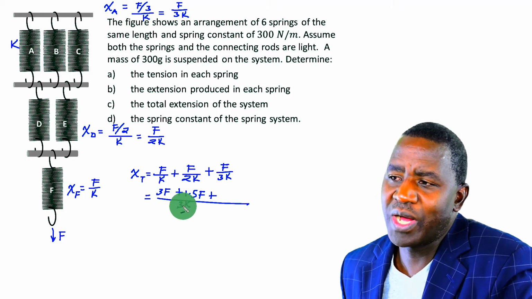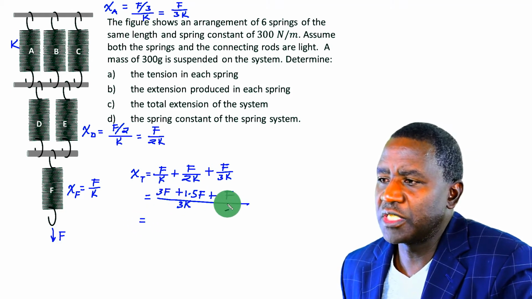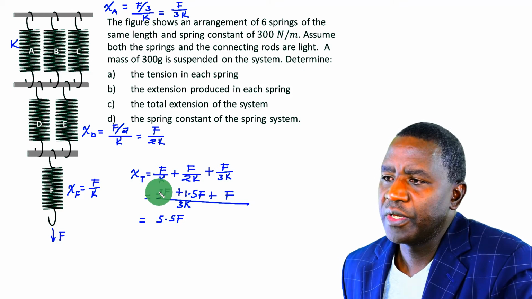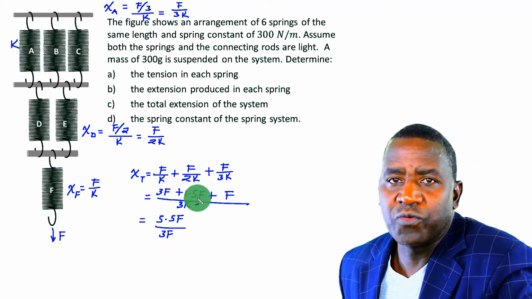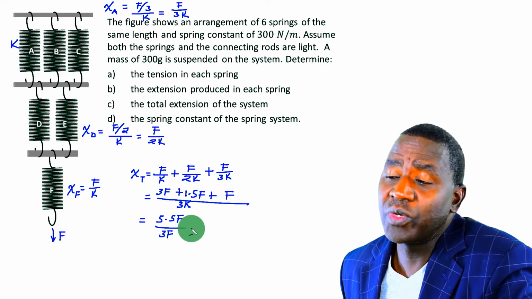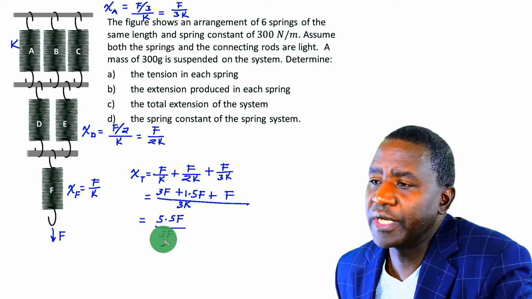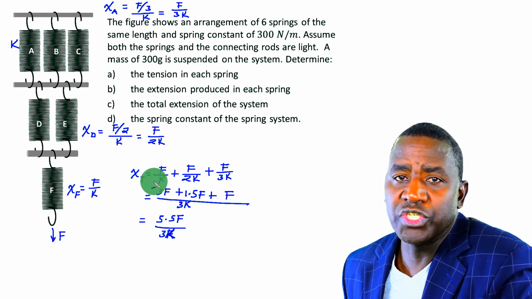And of course, this one goes here once. 1 times F is just F. This is 5.5F. Let me just complete this just to verify that this is 5.5. 3F plus 1.5F will be 4.5F. 4.5F plus 1F will be 5.5F. Oh, this one is 3K. Sorry. This is 3K. That is the total extension.